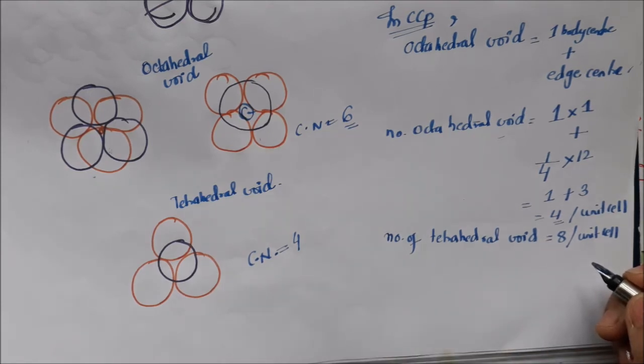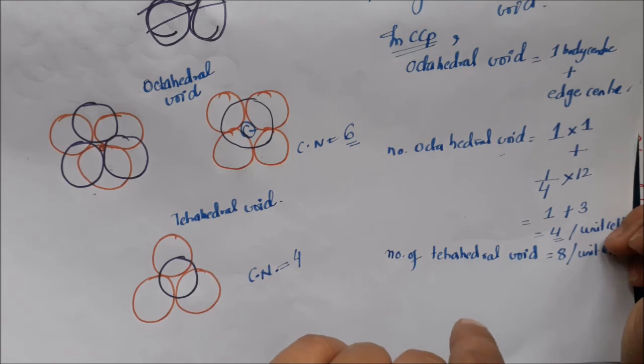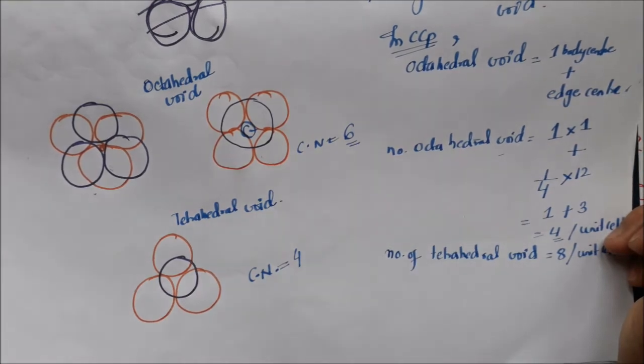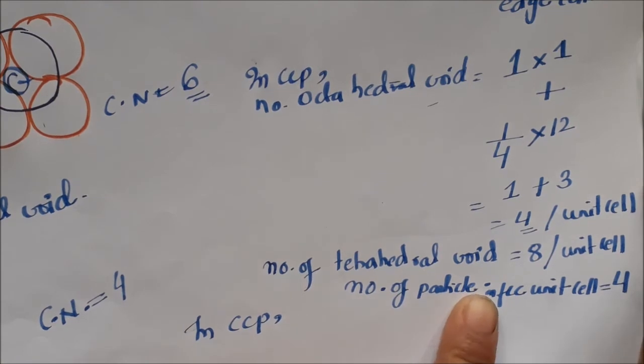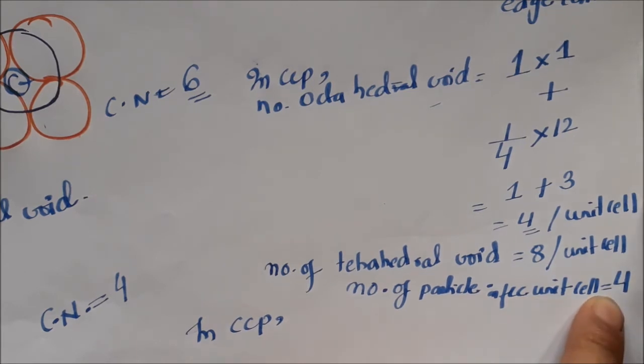So if you see the number of tetrahedral voids and octahedral voids, the number of tetrahedral voids is double the number of octahedral voids. And also in FCC, we have already calculated the number of atoms or particles present in the FCC unit cell is equal to 4, right?